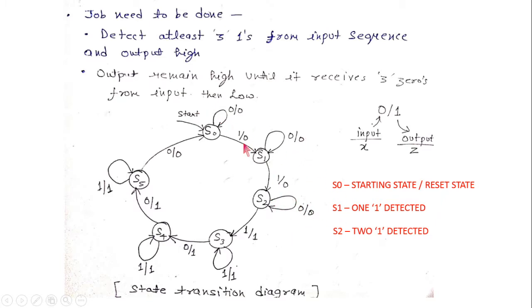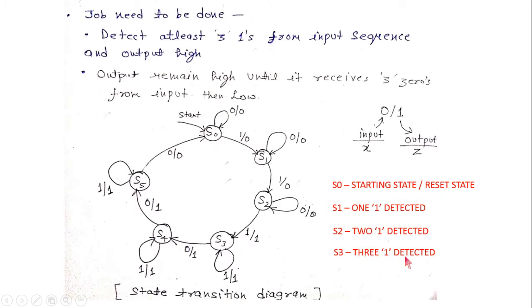Now in state 2, if we receive 1, our criteria is fulfilled, we have detected 3 ones. 3 ones means the output will become 1 or high. So state 3 represents that 3 ones are detected.